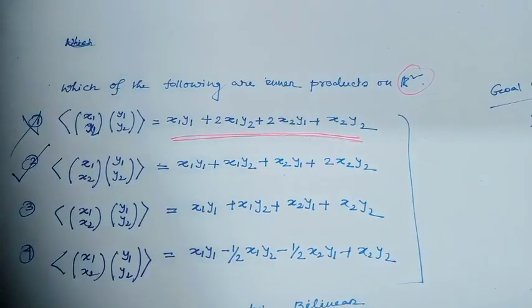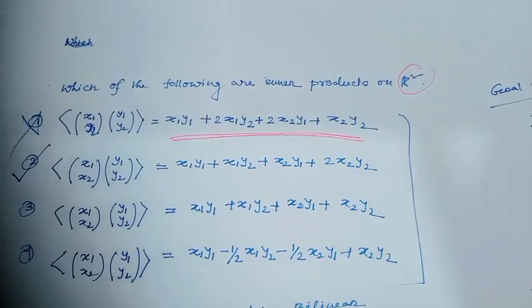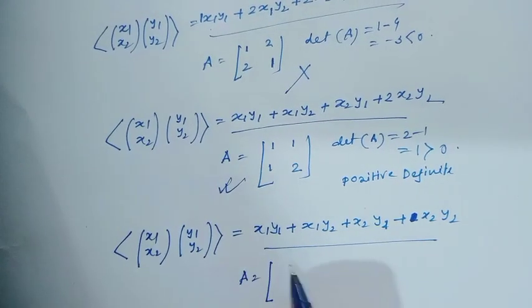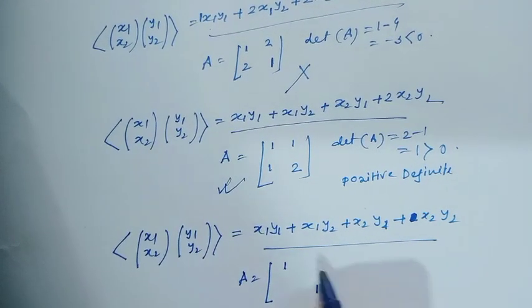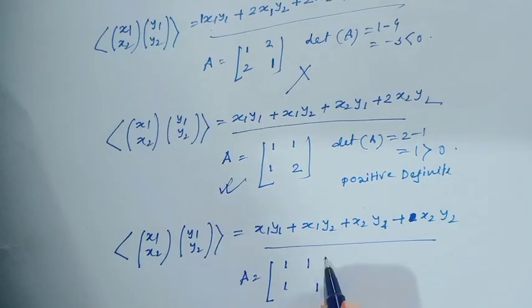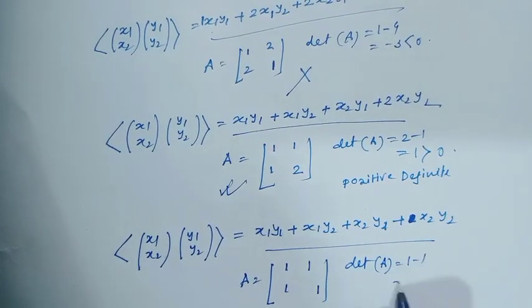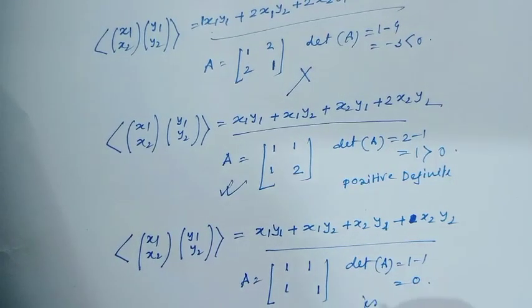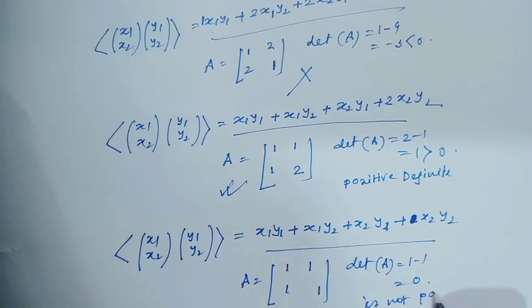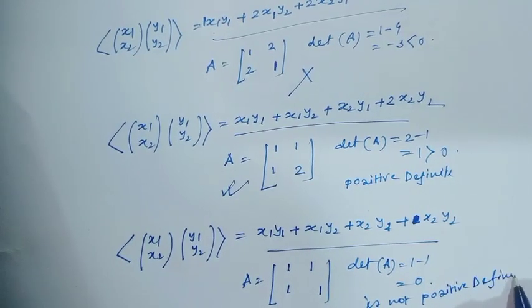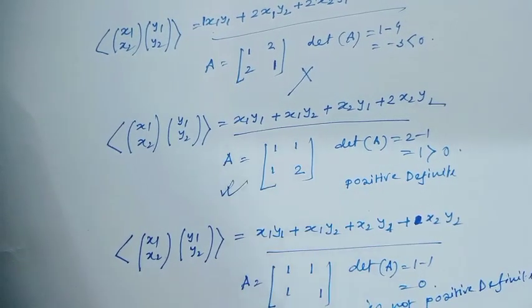So this option is true. Now let's see the third option. From this quadratic form we can generate A equal to 1, 1, 1, 1. The determinant of this matrix would be 1 minus 1 equal to 0, so this is not positive definite. So option 3 is also a wrong option.